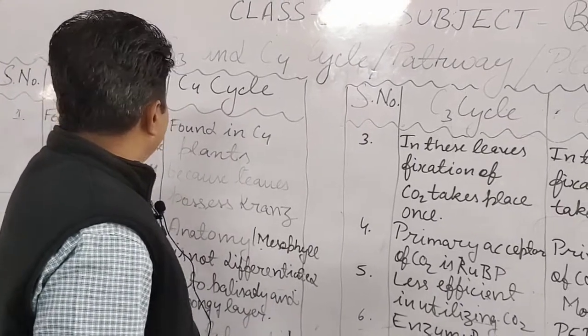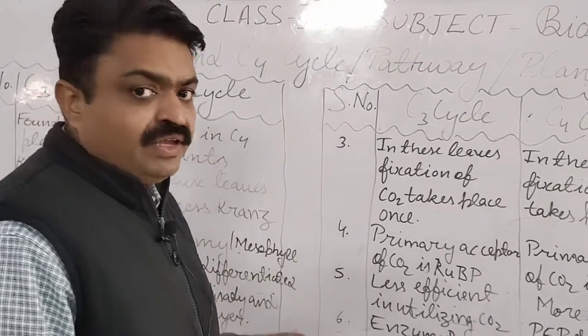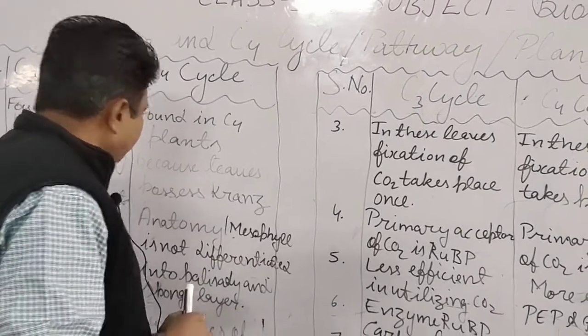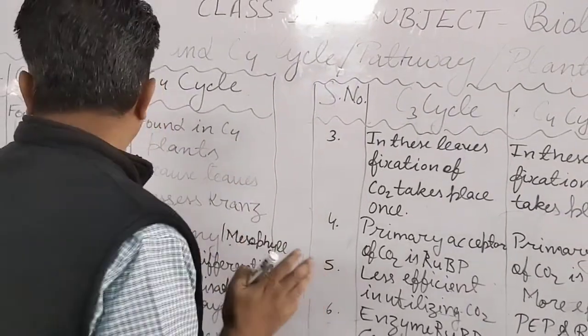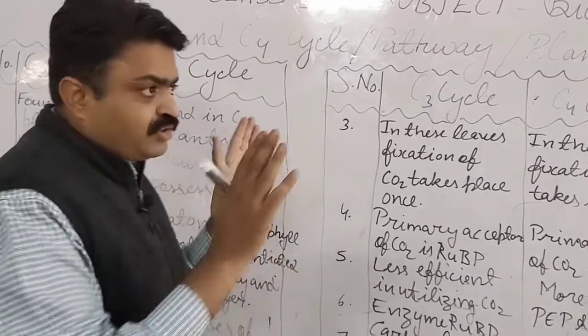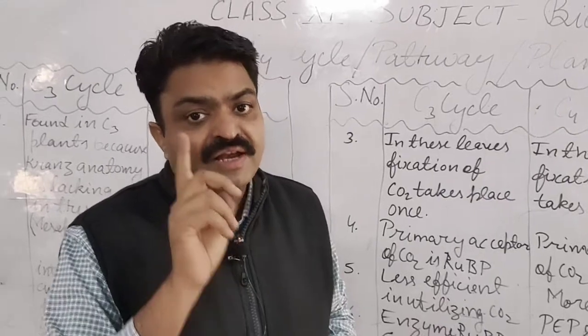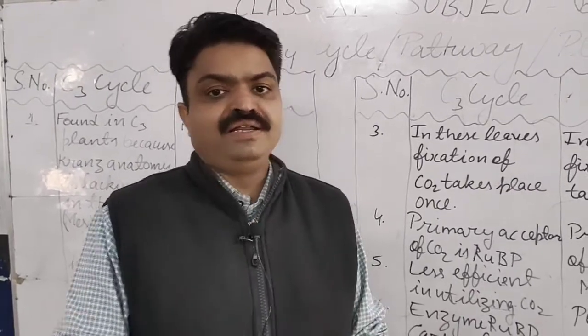The C3 cycle is found in C3 plants, because they do not have Kranz anatomy in their leaves.